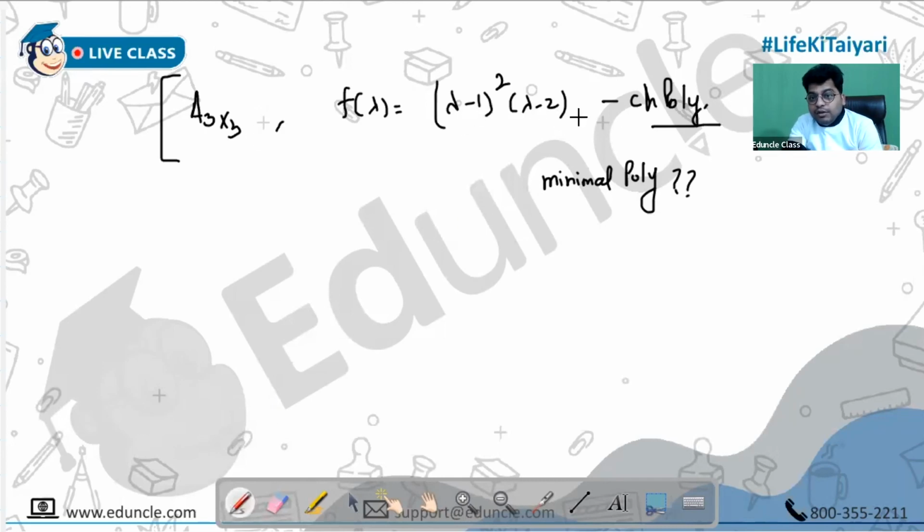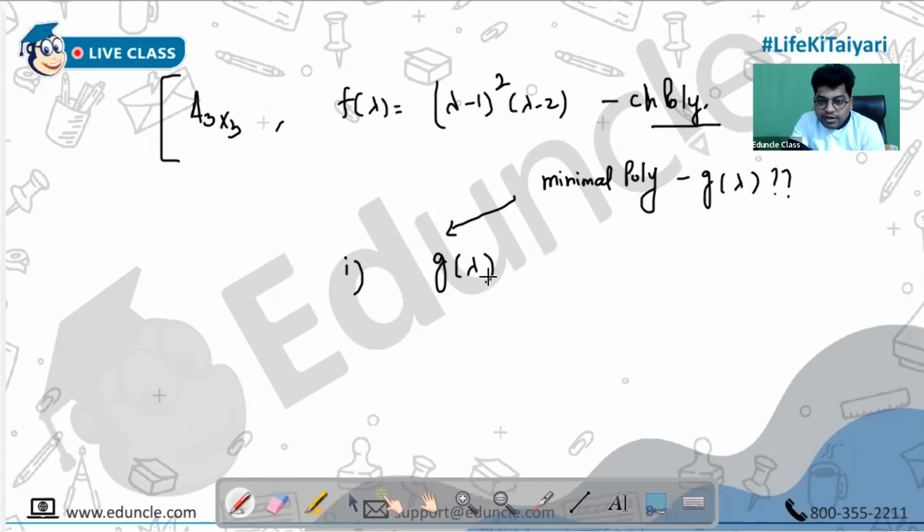Lambda minus 1 whole square, lambda minus 2 is the characteristic polynomial. So the question is, what is the minimal polynomial? I am naming the minimal polynomial g lambda. So what is g lambda and how do we find it?